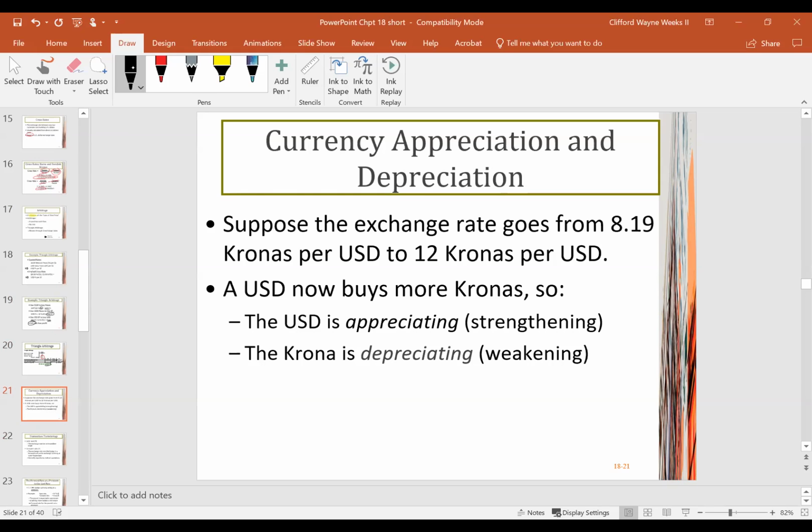The US is getting stronger. It's appreciating against the krona. And if that's the case, the krona is depreciating or weakening against the US dollar.